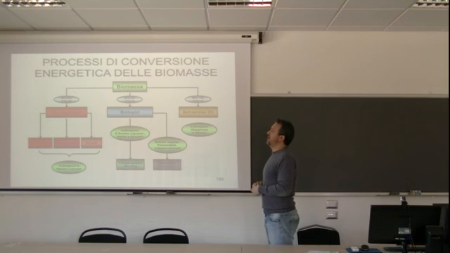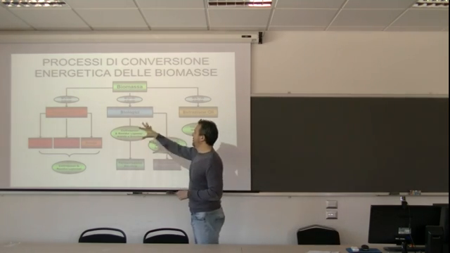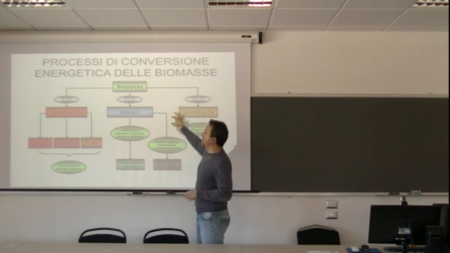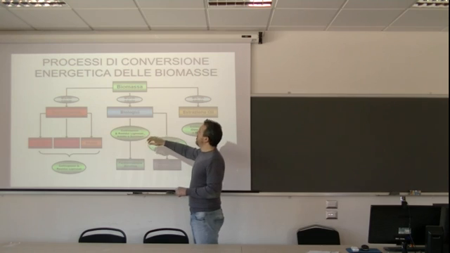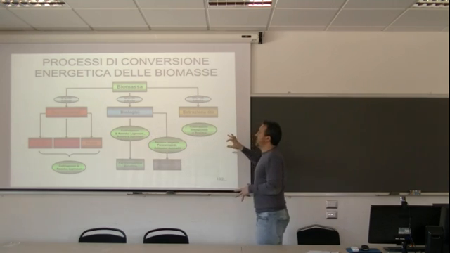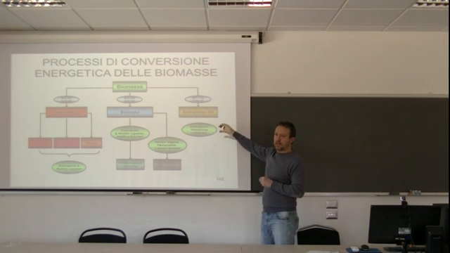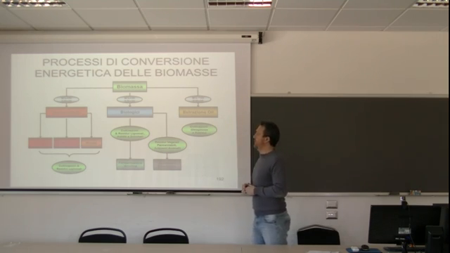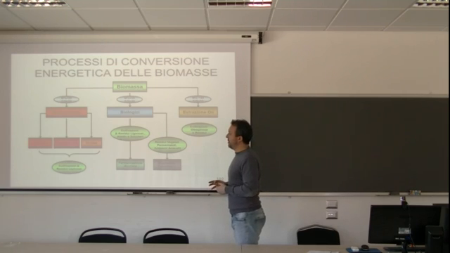Of course, this is a very simplified scheme, but very useful to understand the whole strategy for bioenergy conversion. We have three main sectors: thermochemical processes, biological processes, and physical processes. I will explain what I mean.